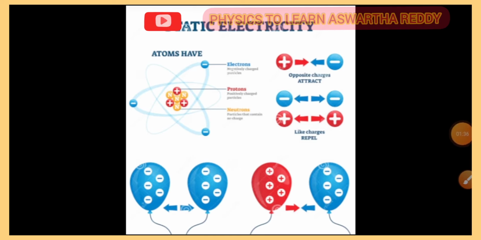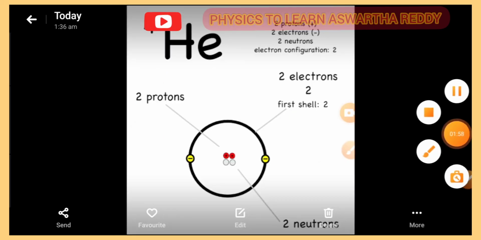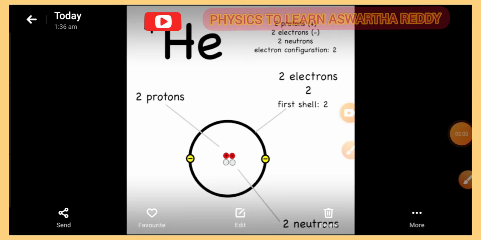If you take any atom, in that atom we have electrons, protons and neutrons. Electrons are considered negative, protons are considered positive, and neutrons are neither positive nor negative. If you observe helium-4, it has two protons and two electrons.